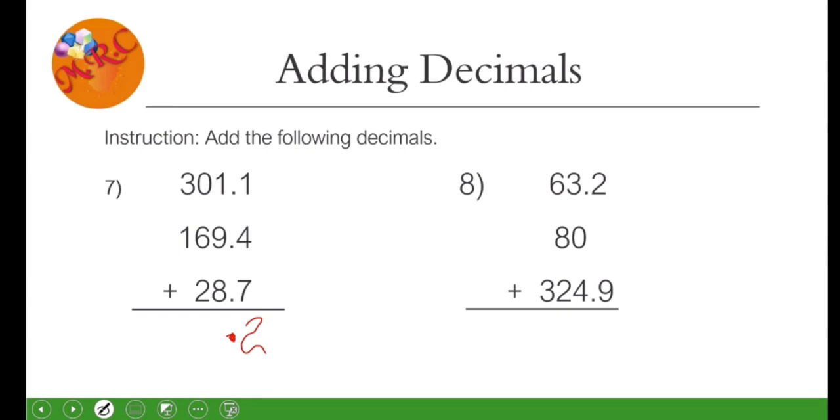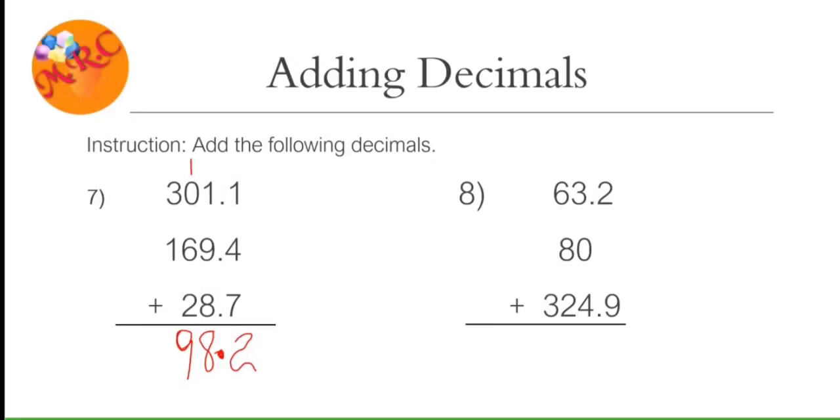Then we go with 8 and 9, which is 17, plus 1, which is 18, writing down our 8, carrying our 1. Then we go with our 2 here, plus our 6, which is 8, plus our 1, which is 9. So there goes our 9. So it is our 1 plus 3, which is 4. And our answer is 498.2. Good? Let's get to number 8.